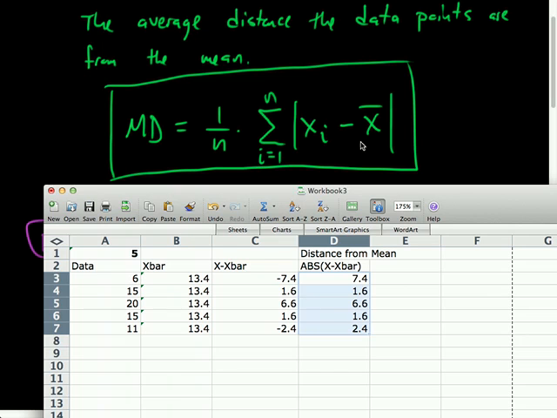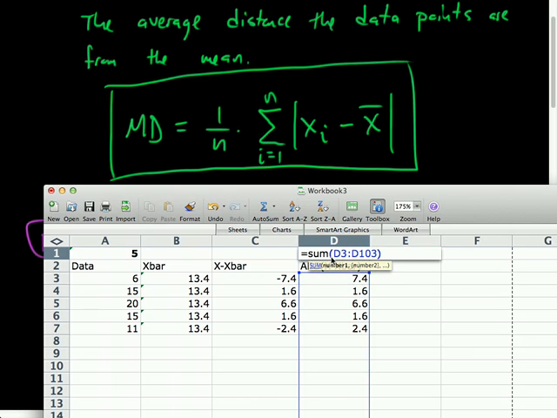Now that I know the distances, I want to find the sum of this list. That's what that sigma means. So this formula is going to be equals sum of D3 to, I'll go down to D103 so I can enter more data later. And so that is the sum of all of my distances from the mean. And now I'm almost there.